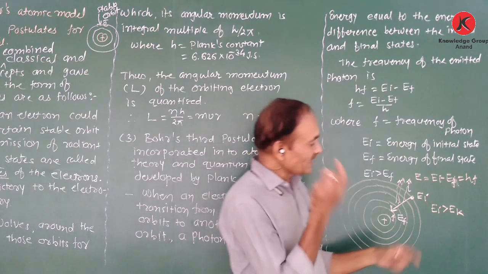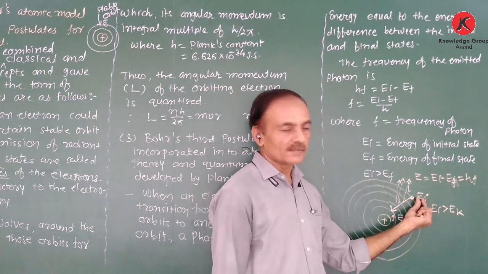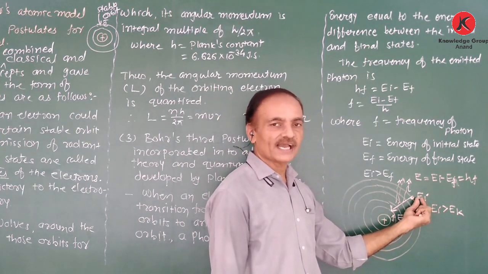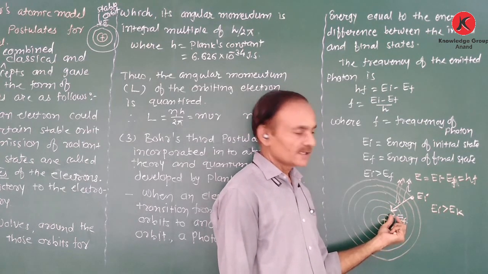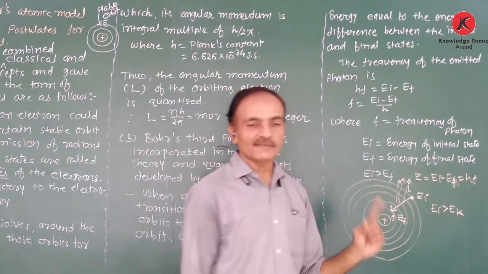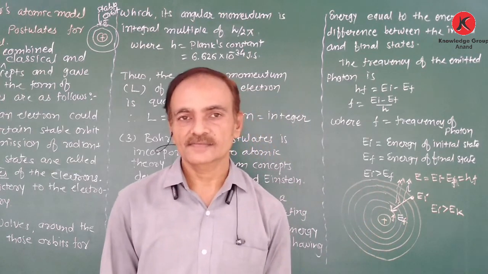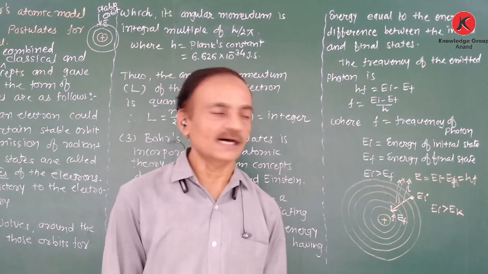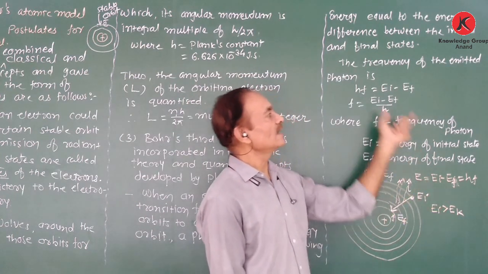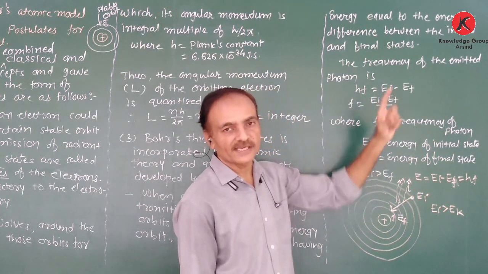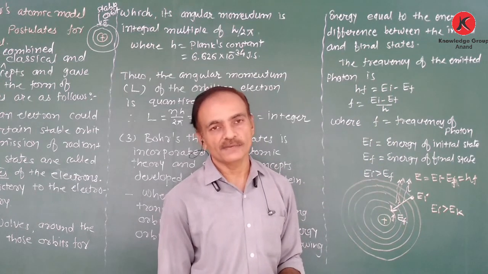When the electron makes the transition from the higher energy state Ei to the lower energy state Ef, electromagnetic waves are radiated. That means photons are radiated, and the photon has energy equal to the energy difference between the initial and final orbits.